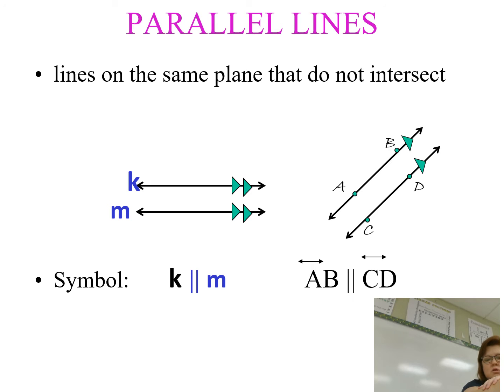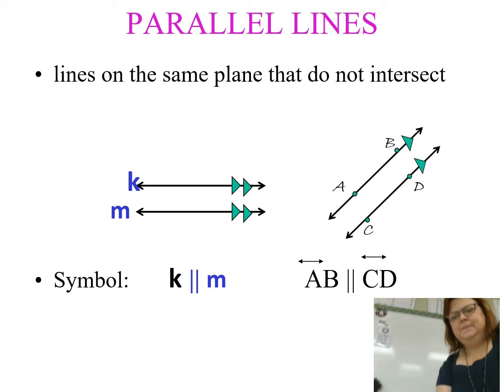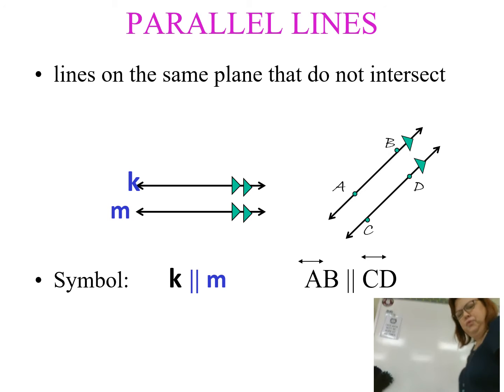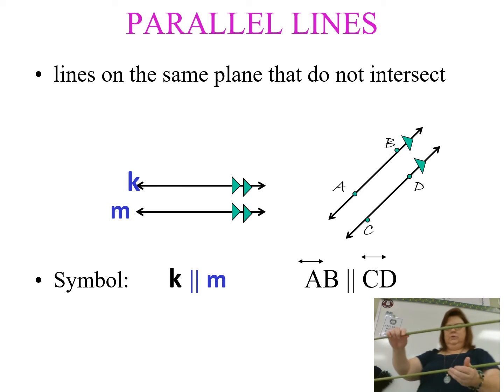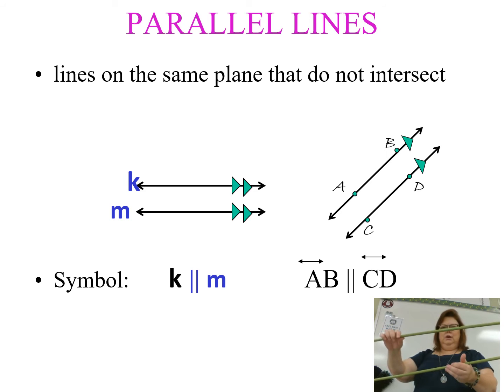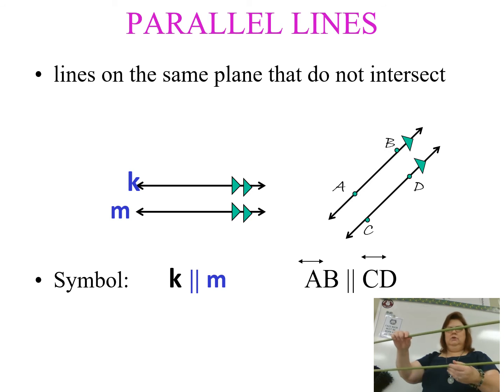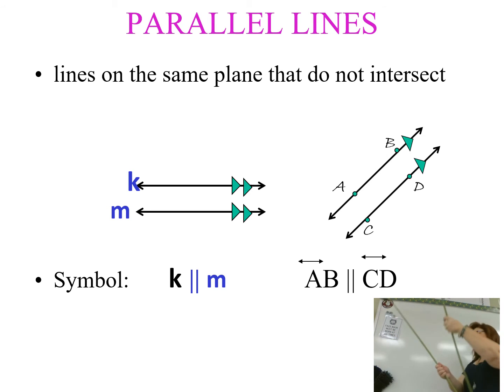So, let me give you a little example here. I'll show you on the board. Parallel lines, here we go. Parallels go in the same direction. But if they're not on the same plane, the same flat surface, you think, oh, parallels just don't touch. All right, so here they are parallel, but what if I turn it like this?